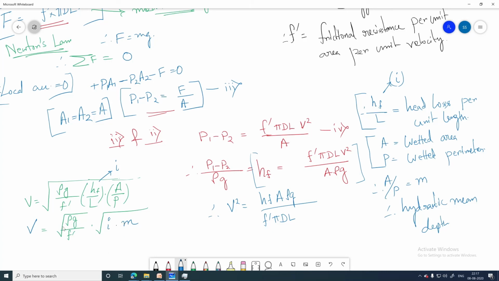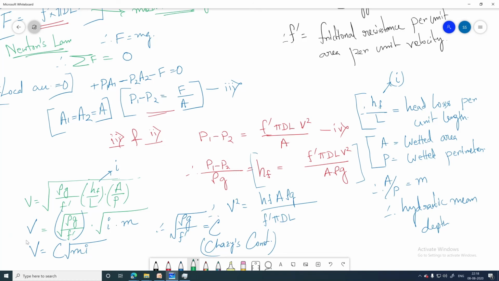Here this portion, root over of rho g by F dash, is termed as the Chezy's constant, denoted by capital C. So the ultimate equation that we get is V equals C root over of mi.